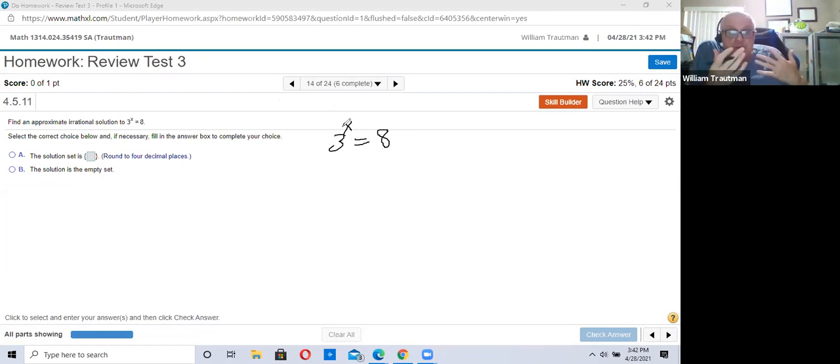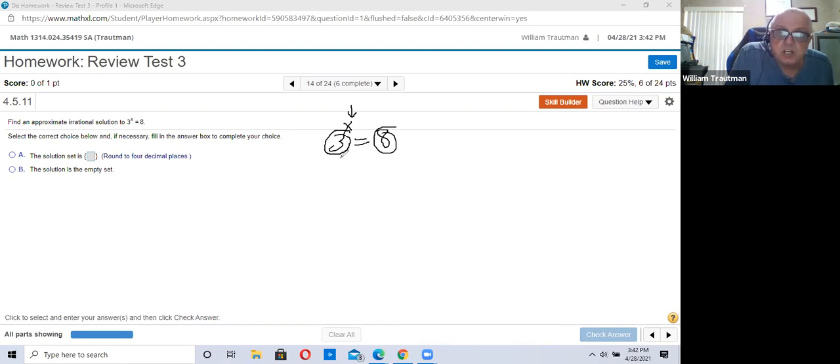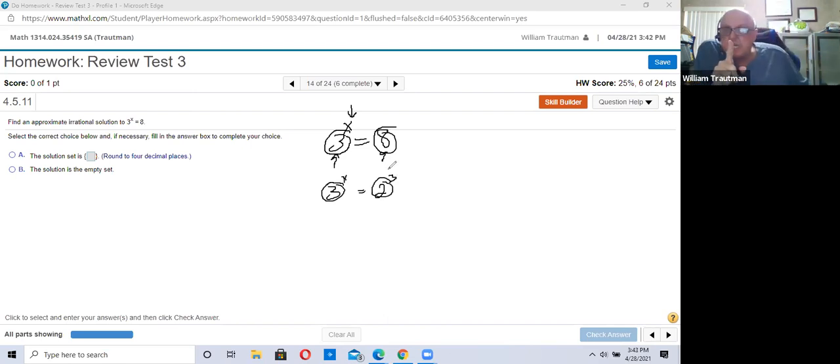To solve for X, our goal is to try to get the bases the same. There's no way to get a 3 and an 8 because 8 is 2 to the 3rd power, 3 is 3 to the 1 power. There's no way to make these bases the same.